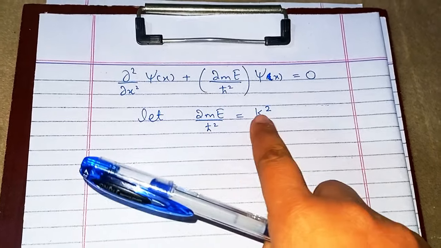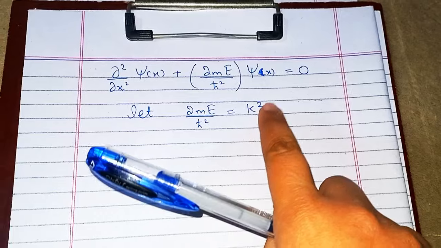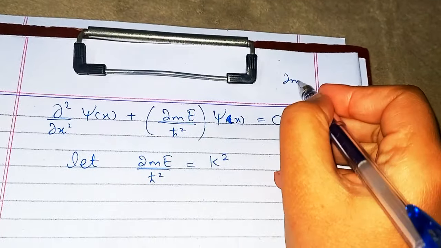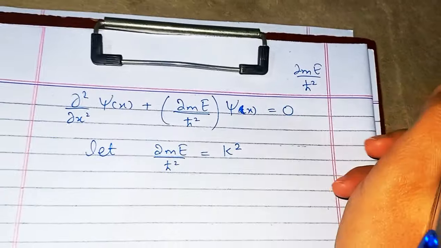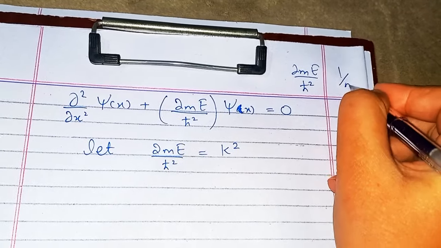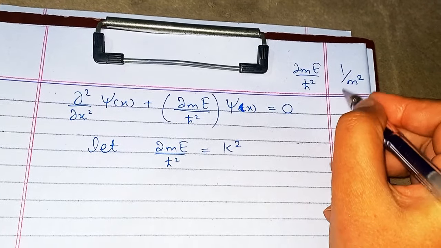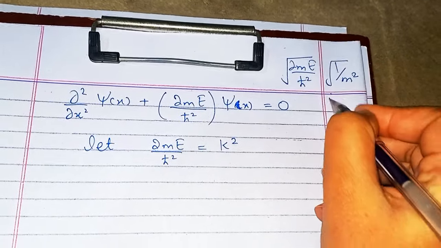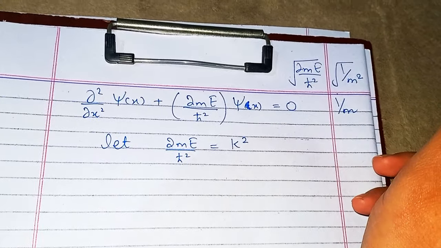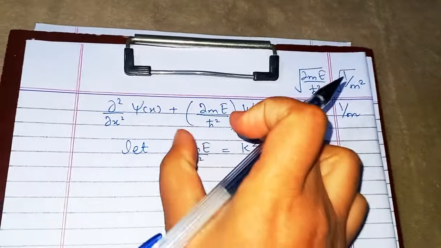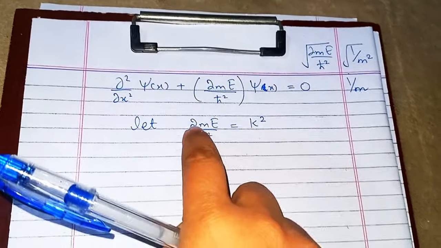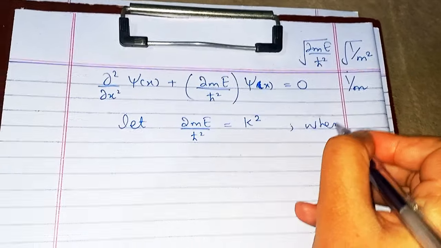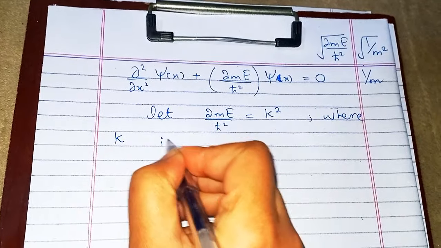That is why we are letting it equal k square: if you evaluate the units of 2mE by h square, it is per meter square, so if we take the square root of it, it will have units of per meter. So it represents the wave vector. That is why I kept it equal to k square, where k is the wave number.